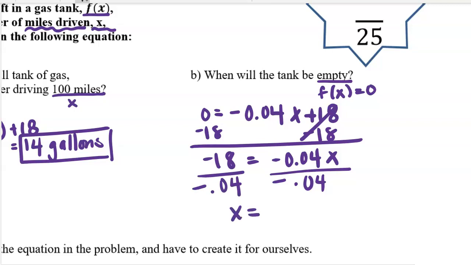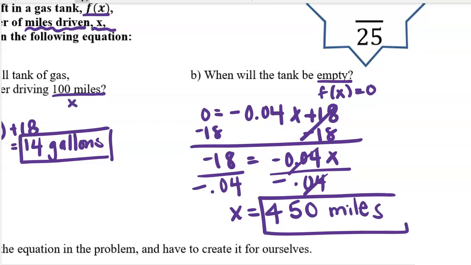Let me know what this comes out. 18 divided by 0.04. One more time. 450. Someone confirm that for me? Yeah. Okay. And unit of measurement, y'all. What would this be? Miles. Okay, it will take you 450 miles to empty your tank.